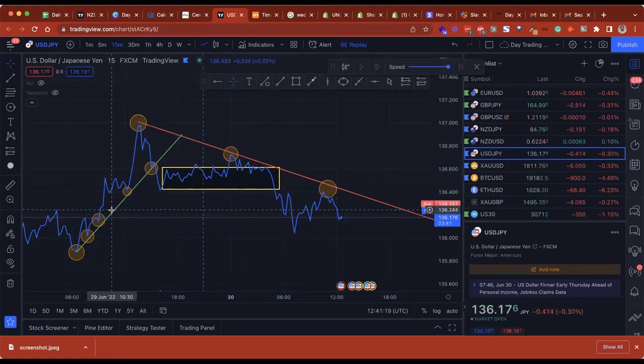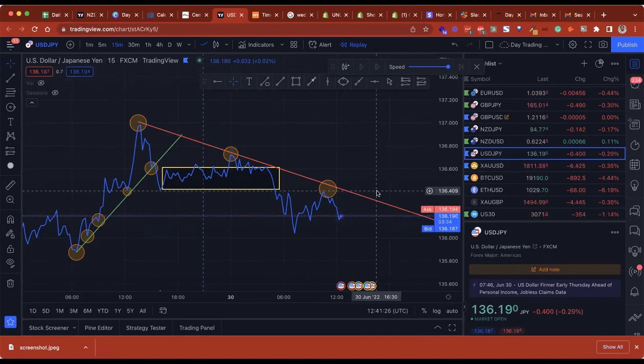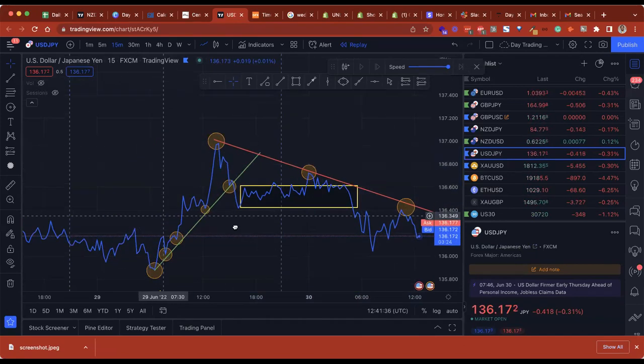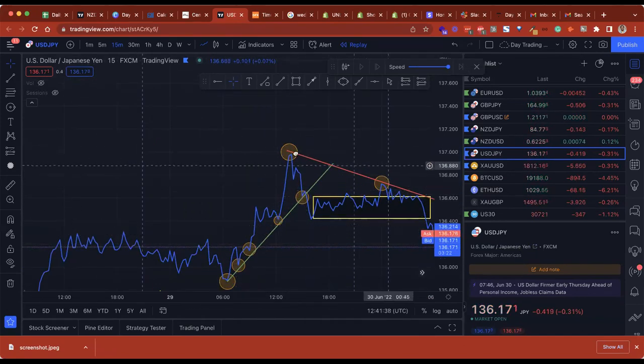Okay, my uptrend line, I want to be green. Okay, try to keep that in mind. That helps you remember what you're looking for, what market you're currently in. I'm in a bearish market because it's underneath this red line. Okay, I'm in a bullish market because it's above this green line.